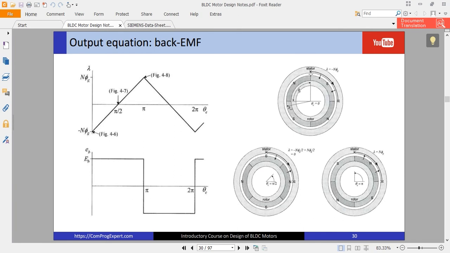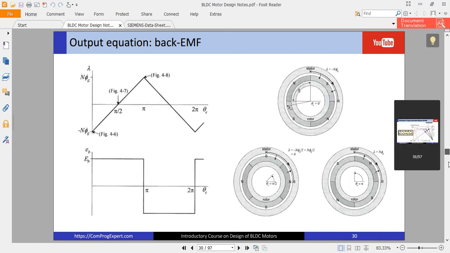You can see the direction of the current in this coil, or direction of the winding. The magnetic axis of the coil is in the opposite direction of the flux, right? This is the south pole. So this is why the flux linkage is equal to negative N times phi_g.